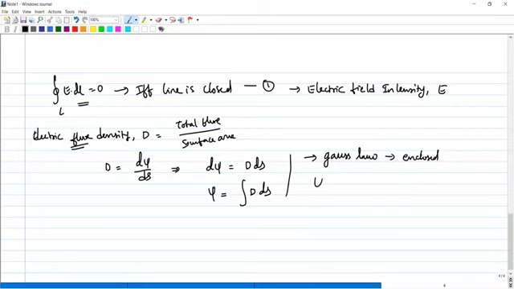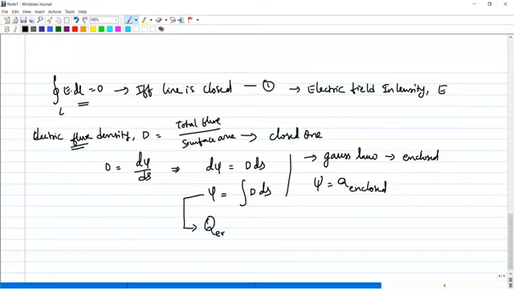Gauss law is psi equal to Q enclosed. So whatever surface you have considered should be a closed one. Then I can apply Gauss law here, and write it as Q enclosed, and this value will be equal to the integral of D ds, but this surface should be closed, so therefore you have to do a closed surface integral.